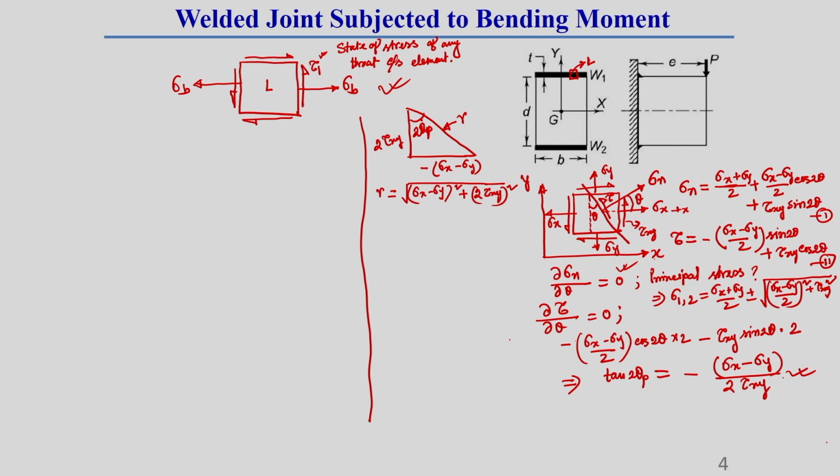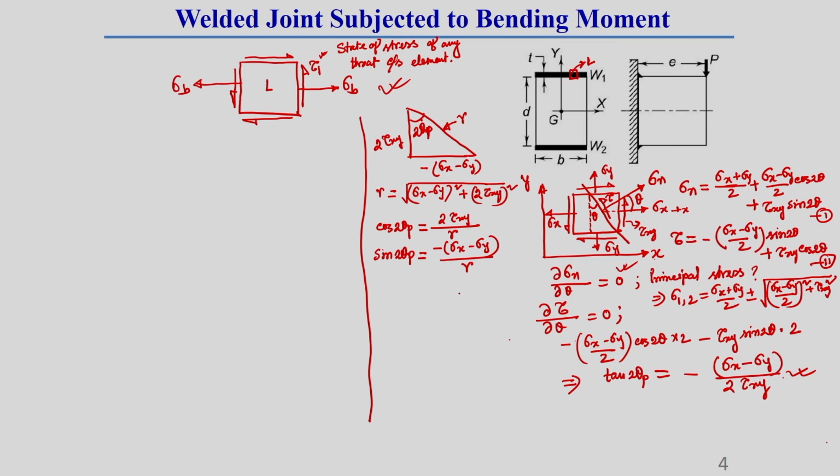So, here we can get cos 2 theta p, which you can write as base by hypotenuse, so 2 tau x y by r, and sin 2 theta p we can say minus (sigma x minus sigma y) divided by r, correct.